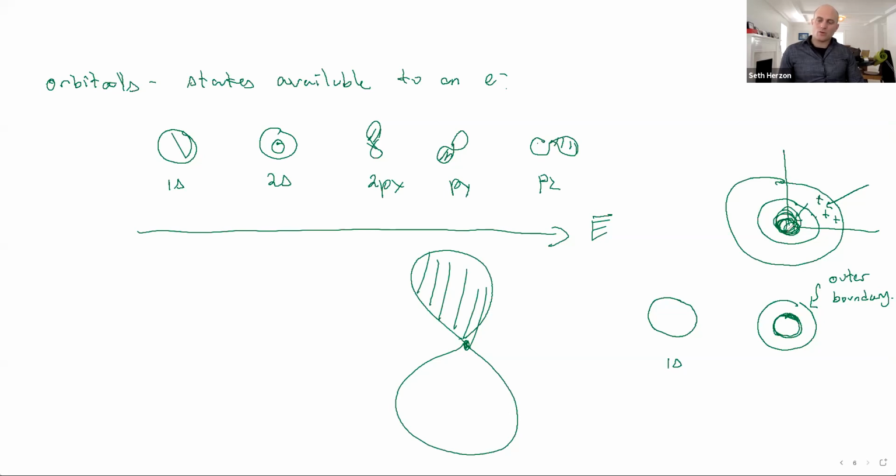Basically, there's a certain probability of finding the electron in this unshaded region, okay? There's also a probability of finding the electron in the shaded region, okay?